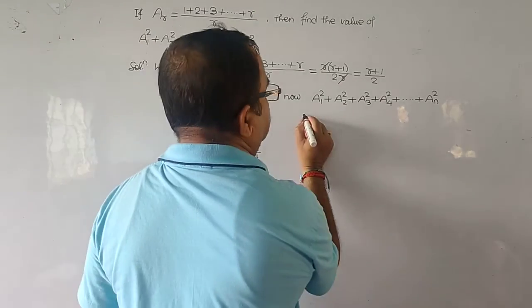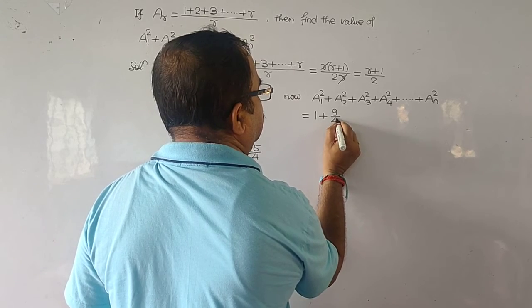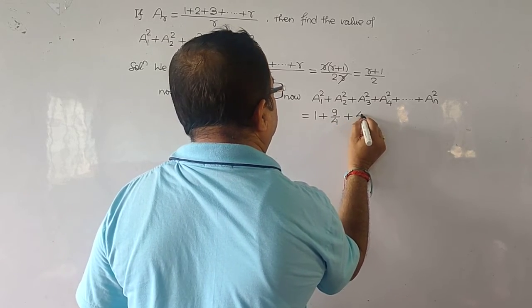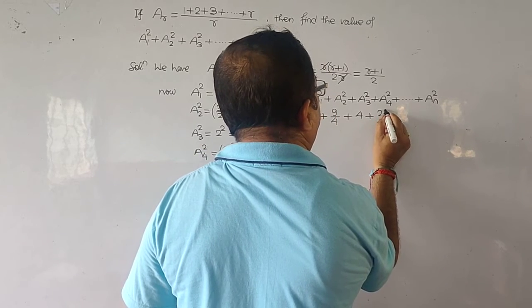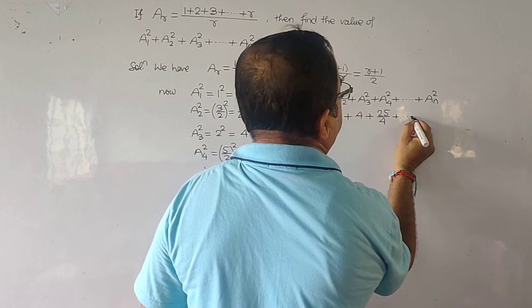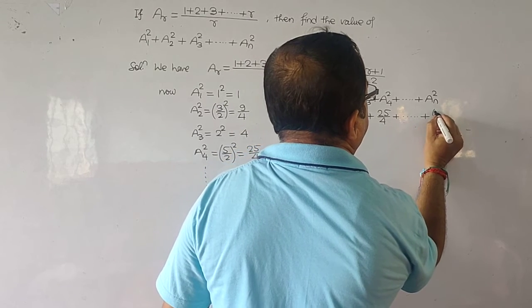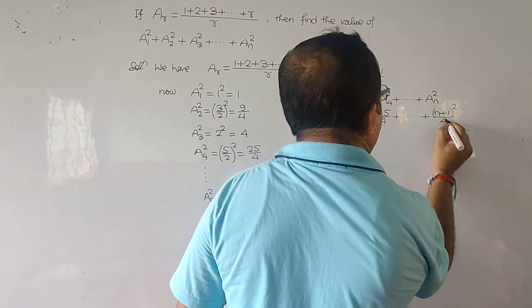This is 1 plus 9 by 4 plus 4 plus 25 by 4 plus and so on plus (n plus 1) to the whole square by 4.